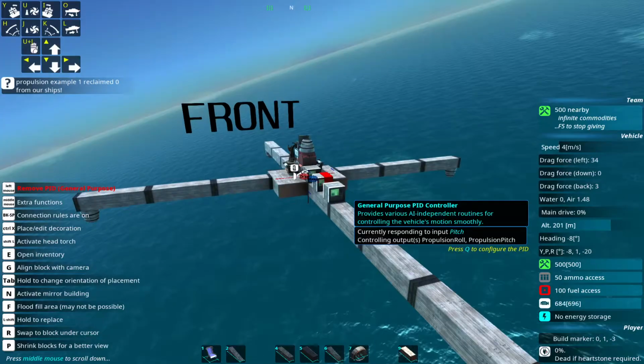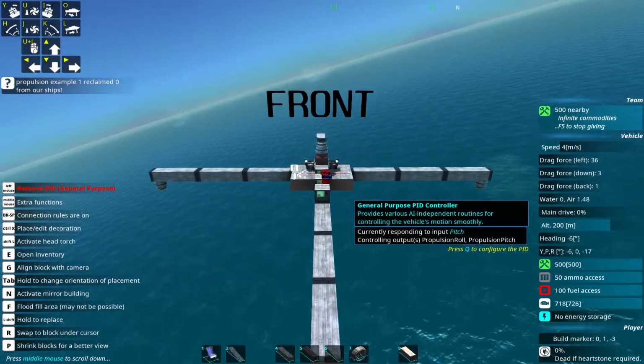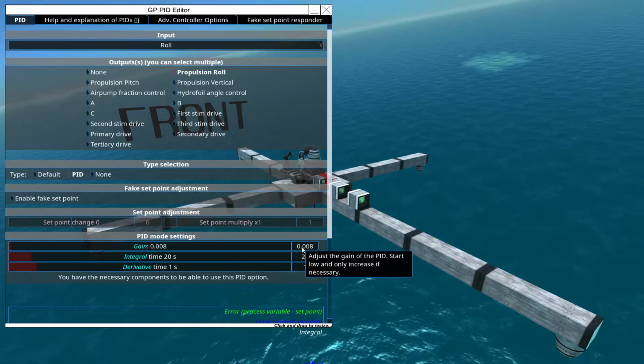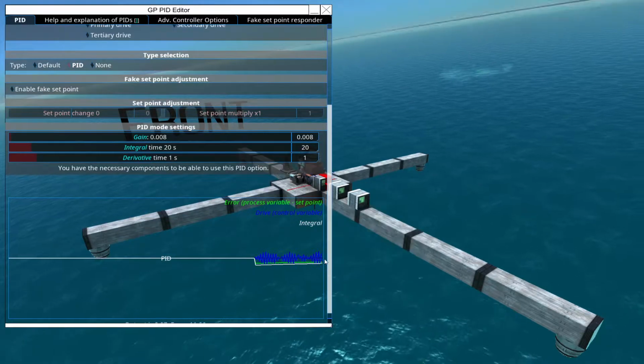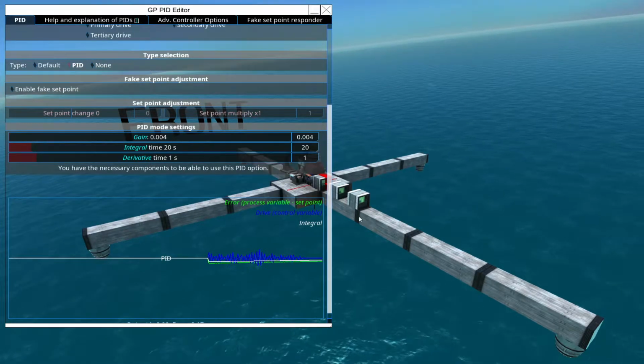And guess what? Look at that. So the pitch PID was just confusing the roll PID. And now we can basically finally fine-tune this, and we are still shaking. So the gain is probably too high. Let's reduce that, and there we go.